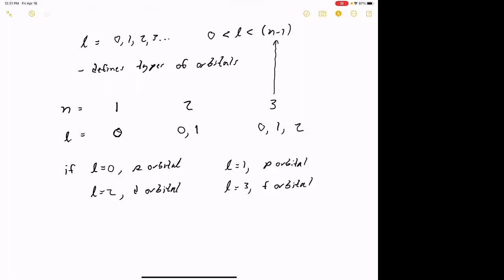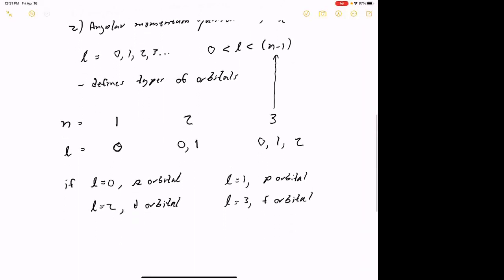Okay, so notice that the L quantum number tells us the type of orbital that we've got. And that's important because remember, we've got to put electrons in there. So this is telling me which house a given electron is going to go into. All right, everybody okay with that so far? And it's going to make a lot more sense when we put it all together, hopefully. So far, so good?